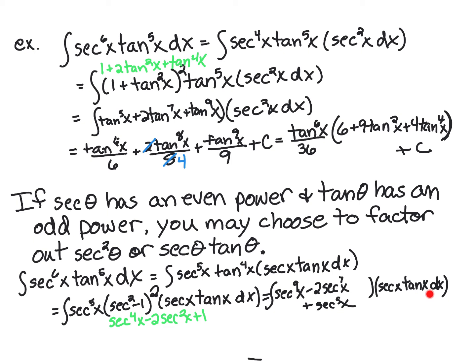So this is the derivative of the secant. So this is the du. I have u to the 9 minus 2u to the 7 plus u to the fifth du. So it's just a power rule integral, and I'm going to get secant to the 10 over 10.